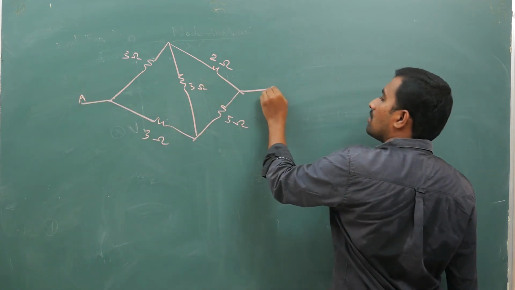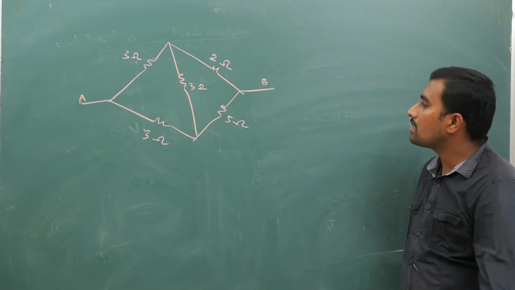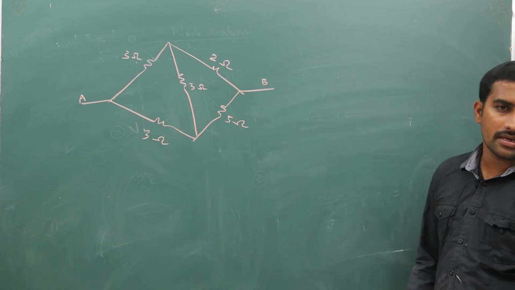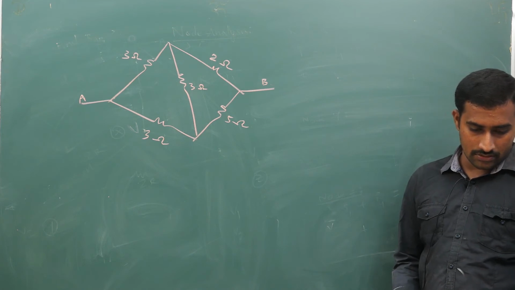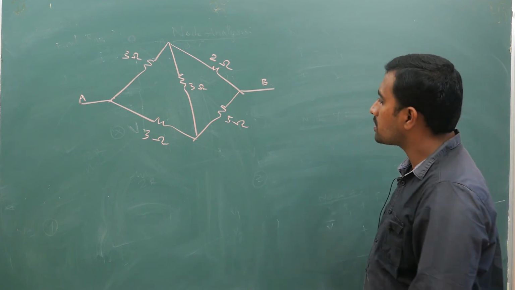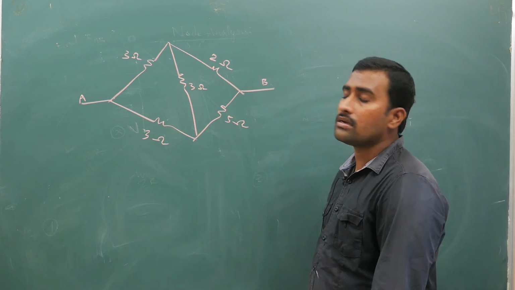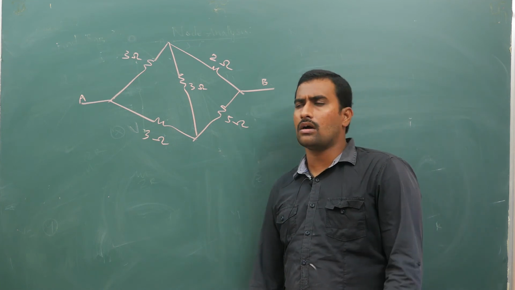This is A, this is B. Calculate the equivalent resistance between A and B in this question. That is your next question. Now your answer is 2 ohms and this question was solved. You can solve this using delta to star conversion, but we will not do it.